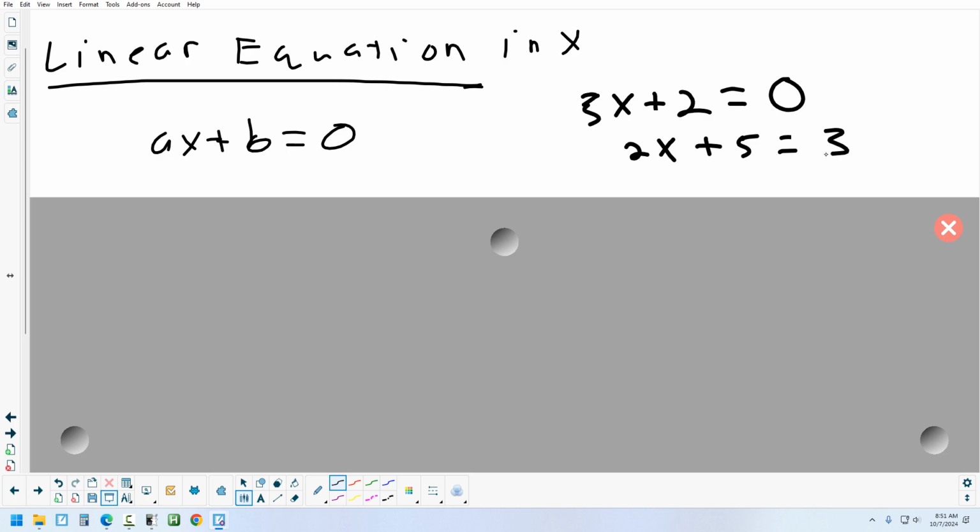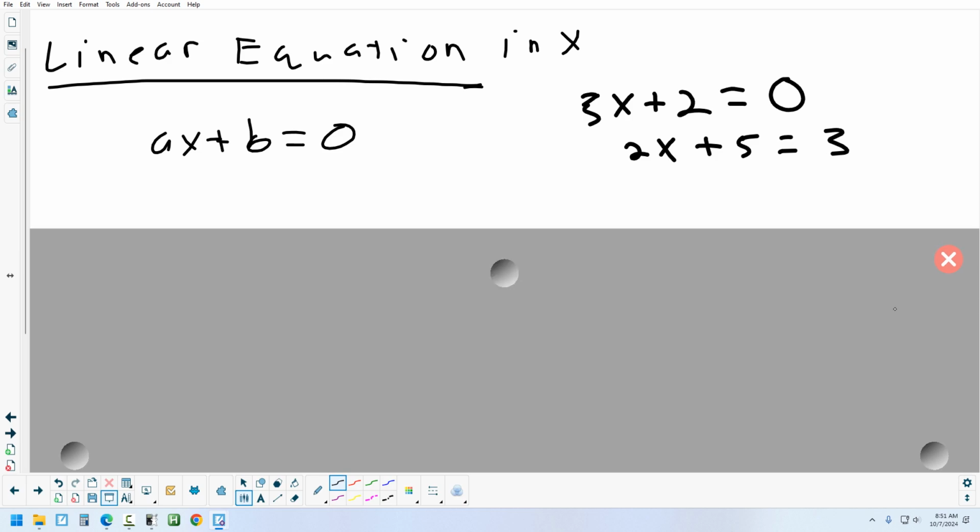Is there a way that I could rearrange this so that it looks like what's over on the left? Yeah, what could I do on both sides? Subtract 3. Yeah, if I wanted to get it equal to 0 for whatever reason, I could subtract 3 from both sides. Now it's equal to 0 on the right. And I have 2x plus 2 on the left. So even though this didn't look like a linear equation because it wasn't equal to 0, you could rearrange it so that it is equal to 0.